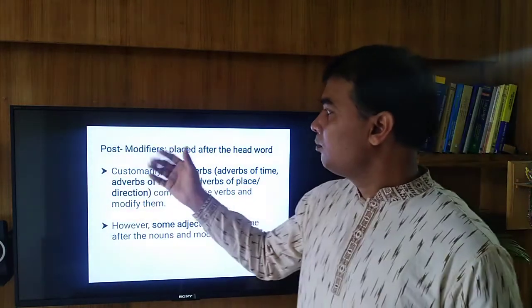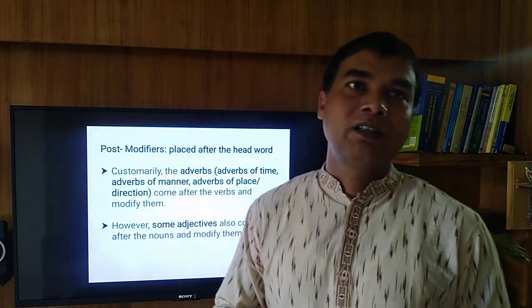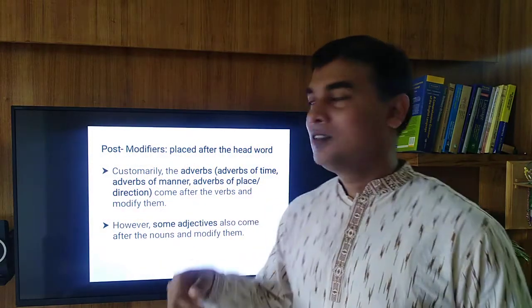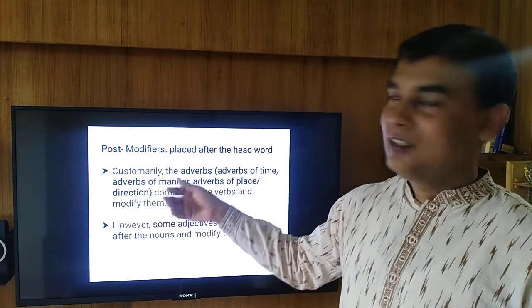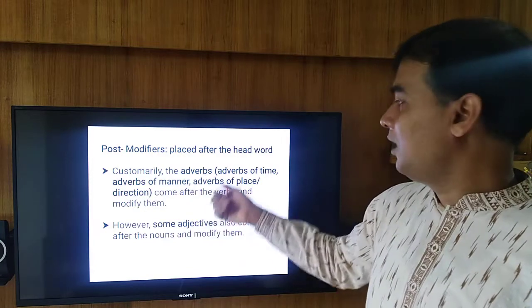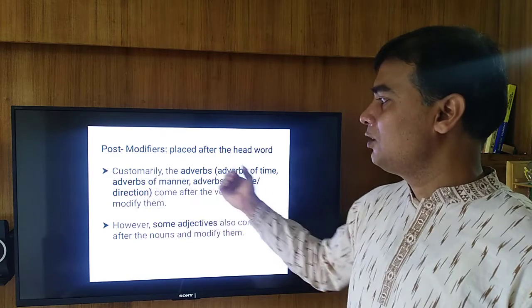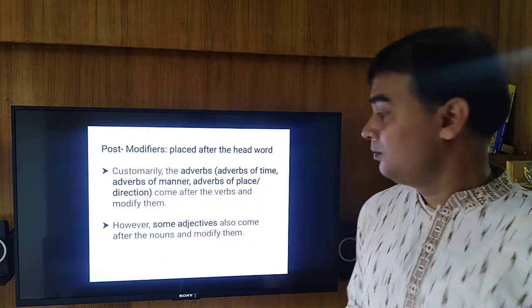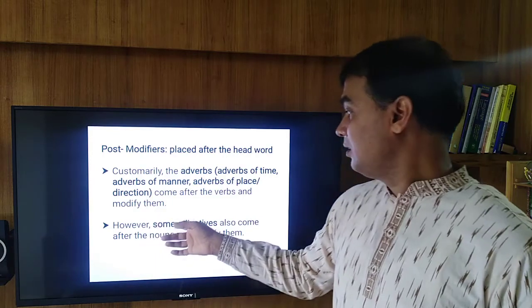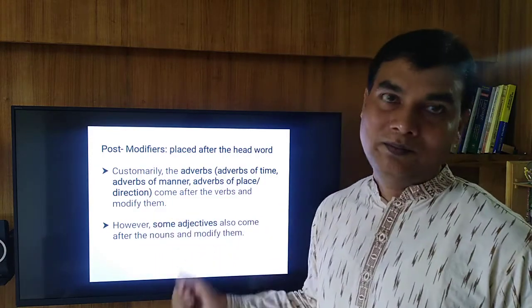Now post-modifiers. Post-modifiers appear after the head word. Customarily all types of adverbs, I mean adverbs of time, adverbs of manner, adverbs of place or direction, come after the verbs and modify them. However, some adjectives also come after the noun and modify them.